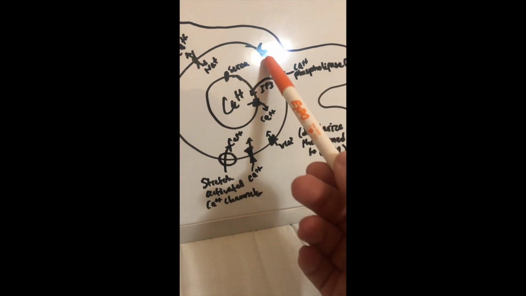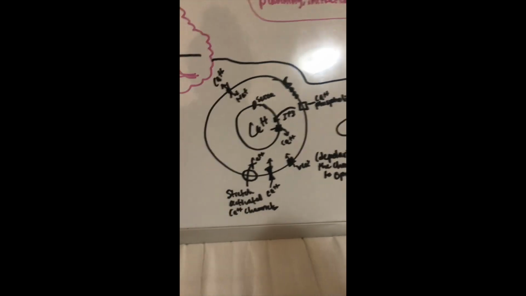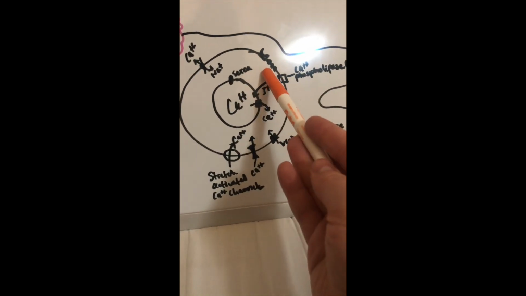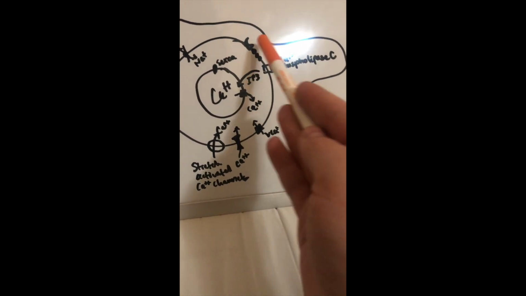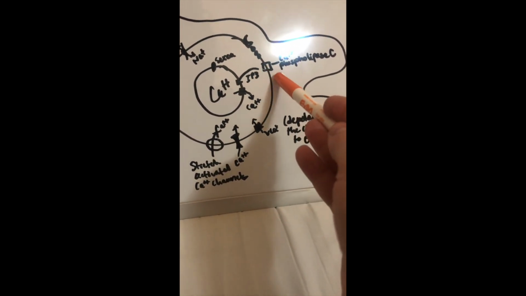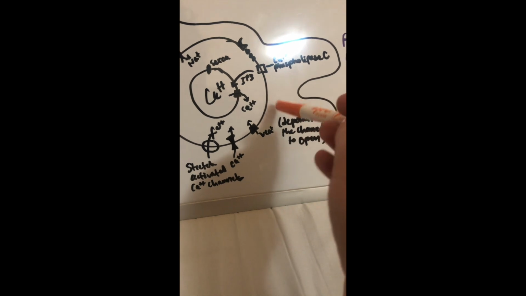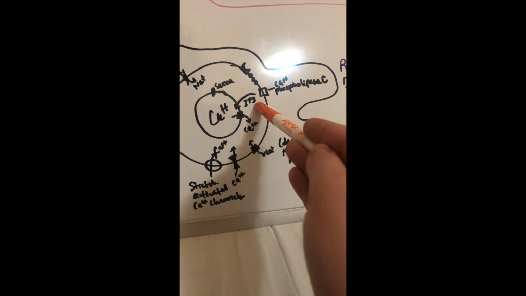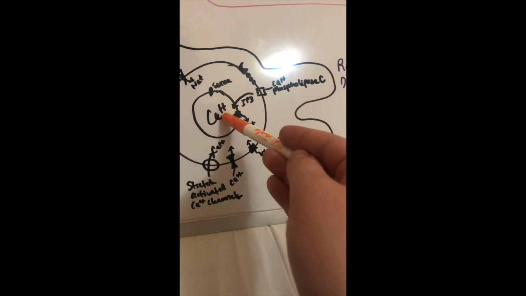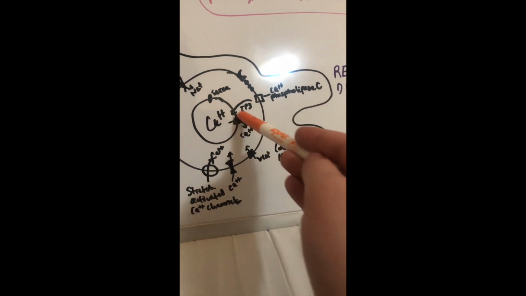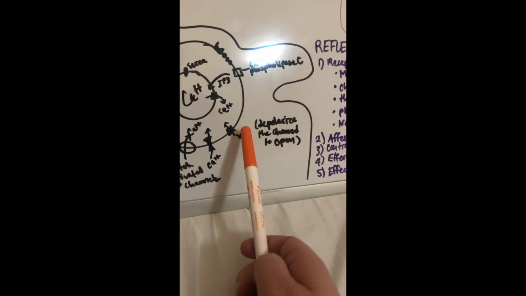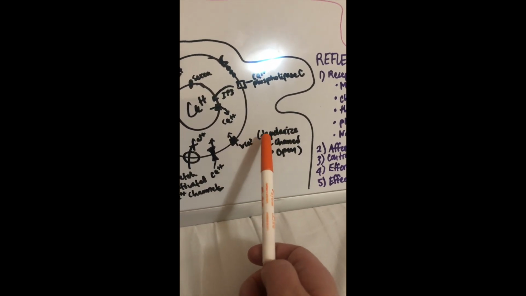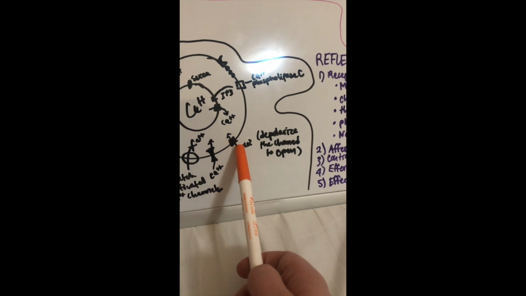But what's really important here is your G protein that you've got right there. So the G protein, the alpha subunit, is kicked off when you have something that binds to it. And this is our phospholipase C. And this releases IP3, which then comes into the SR, which then kicks out that calcium. So we need to depolarize the channel in order to open it.